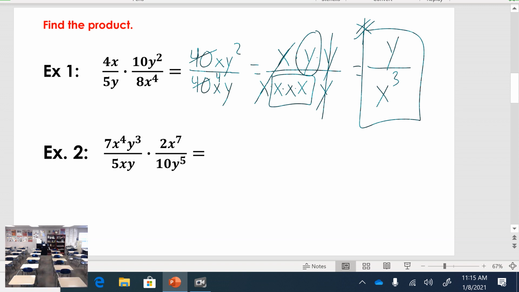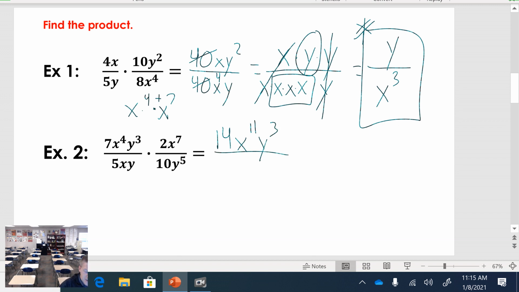So 7 times 2, when we're looking at our value there, we know that that's going to give us 14. And then when you are multiplying exponents, remember, you are adding those. So an x to the 4th times x to the 7th, you're adding those exponents. So what that gives us is x to the 11th, and then we still have our y to the 3rd.